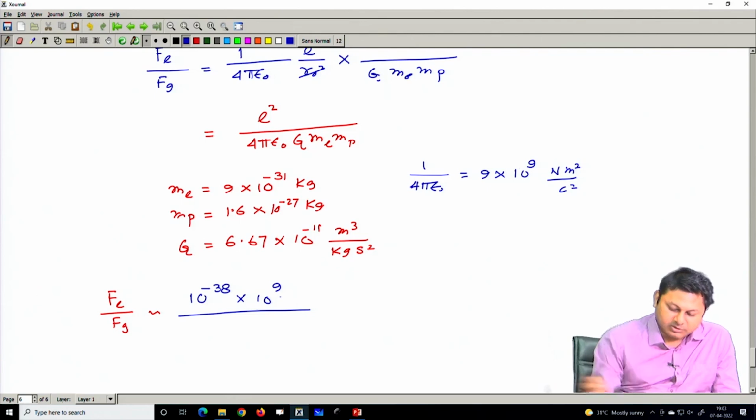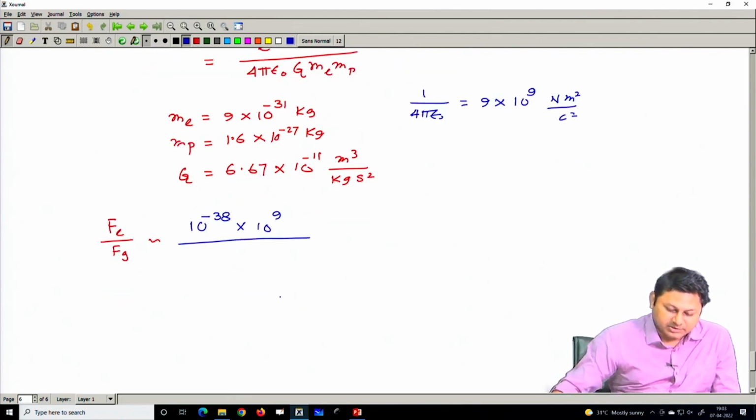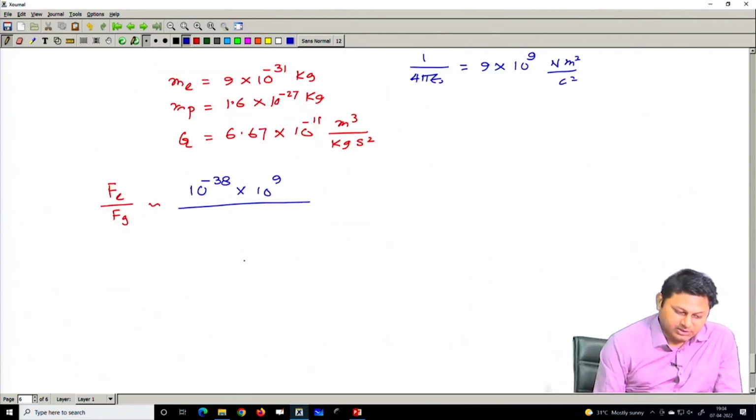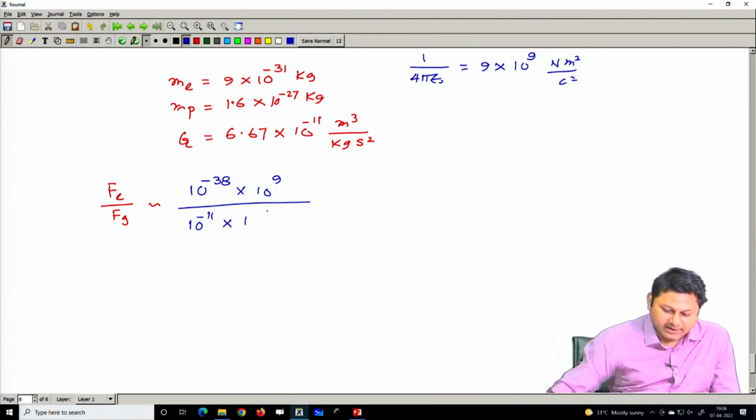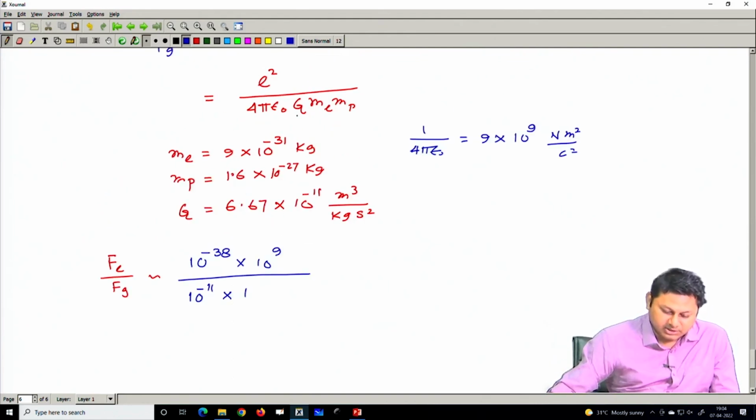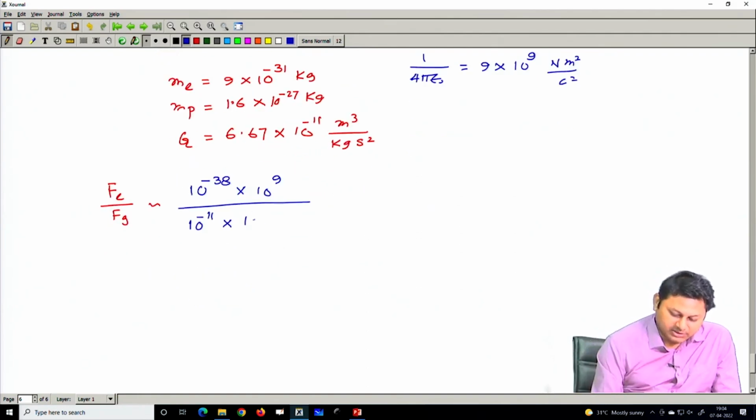So that 10 to the power 9 should be here, and the rest of the terms are in the denominator. G is 10 to the power minus 11, and then me into mp. If I add these two, it should be 10 to the power of minus 58.